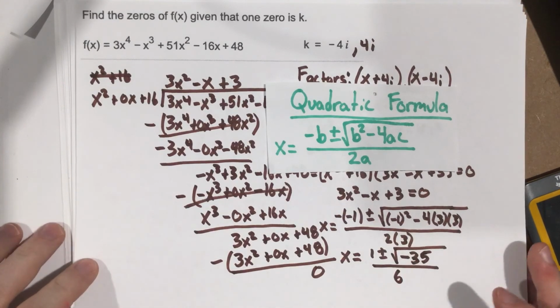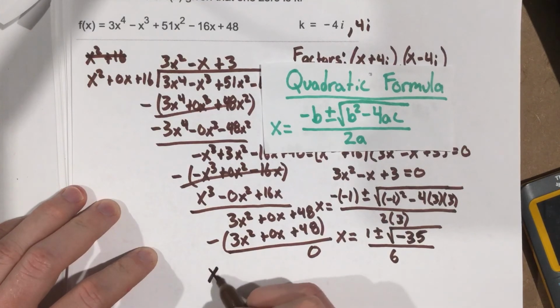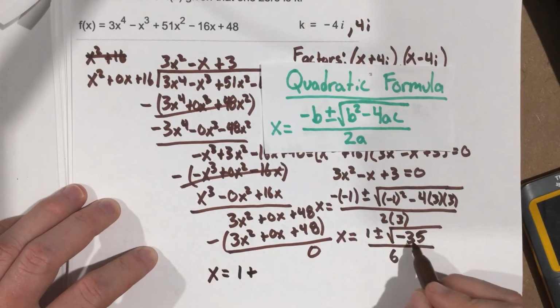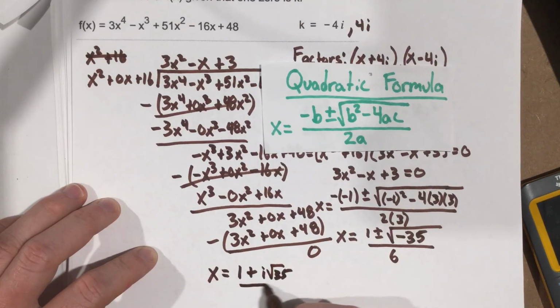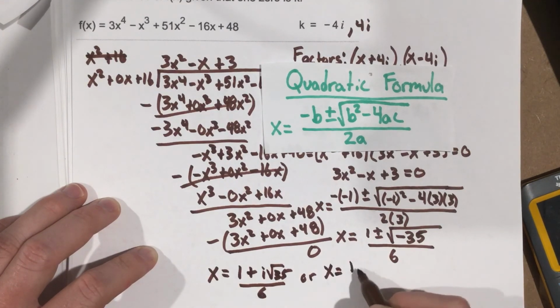So I'm going to end up with x equals 1 plus, I can bring an i out there, i root 35 over 6, or x equals 1 minus i root 35 over 6.